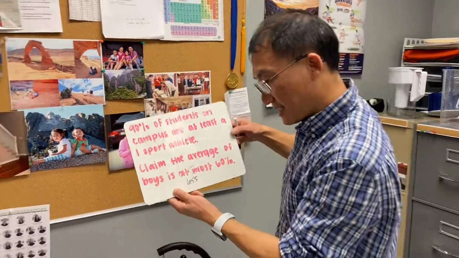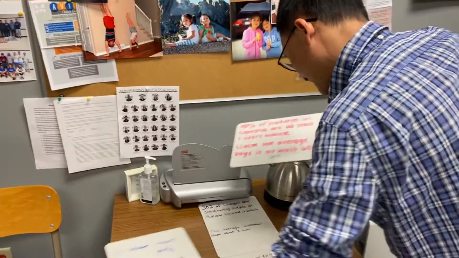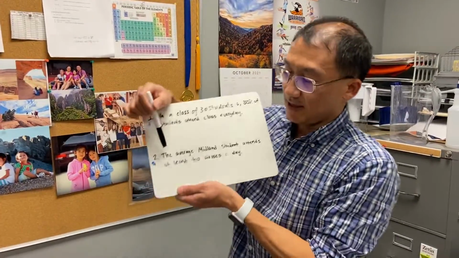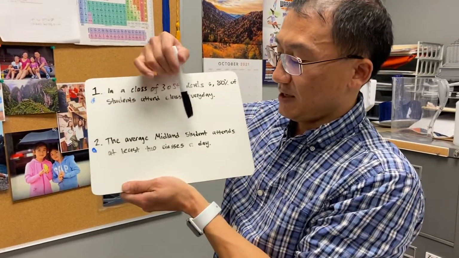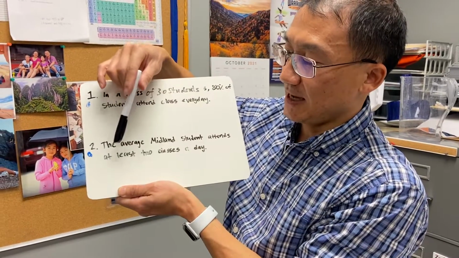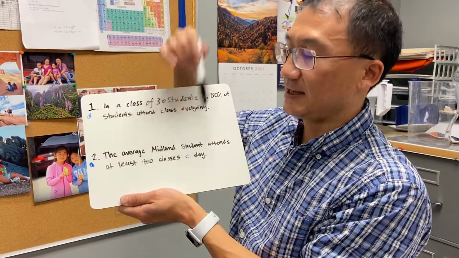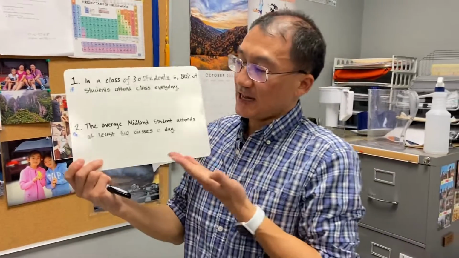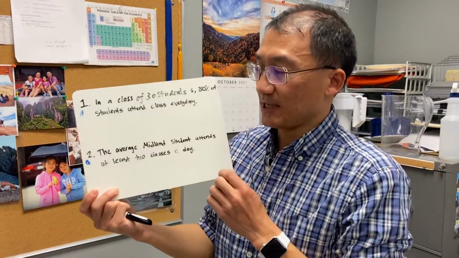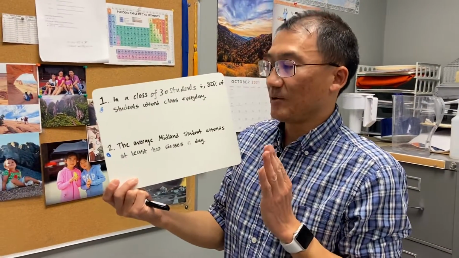And now let's take a look at another. So take a look at this statement. The average Midland student attends at least 2 classes a day. I certainly understand what this student is trying to say. I have just a simple suggestion.